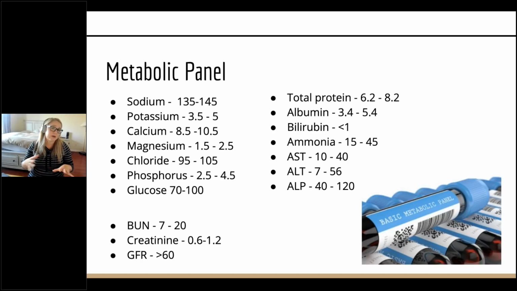As I mentioned, as we get older, we're going to start to see some changes. But for your adult patient, the number that you need to remember for the NCLEX is greater than 60. Anything less than 15 is indicative of kidney failure. Just not enough filtration through those kidneys, through those glomeruli. So that's what you need to memorize for renal labs.